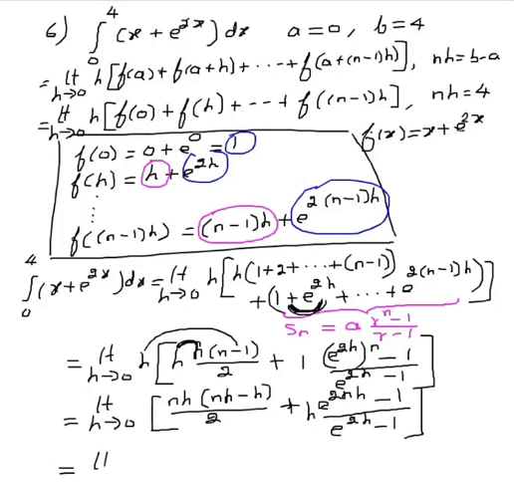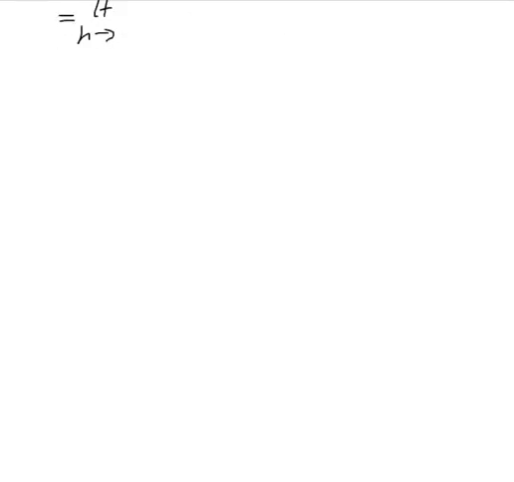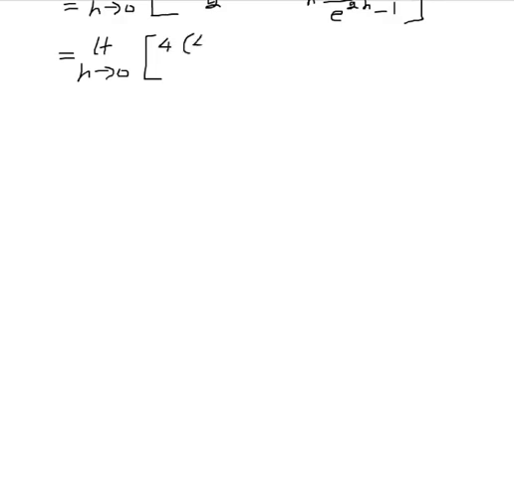Let us substitute the value of nh. Therefore, limit h tending to 0 of nh is 4. 4 minus h divided by 2 plus h times e power 2 times 4 is 8. e raised to 8 minus 1 divided by e power 2h minus 1. Let me write this h here in the denominator.